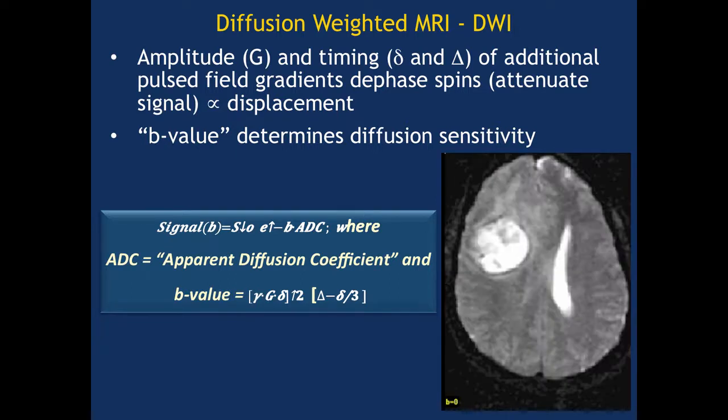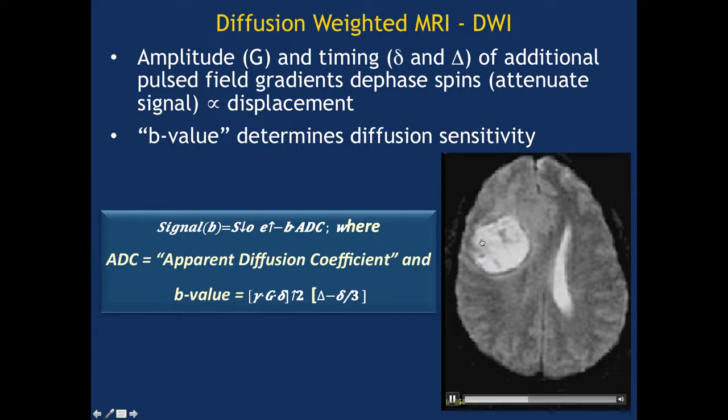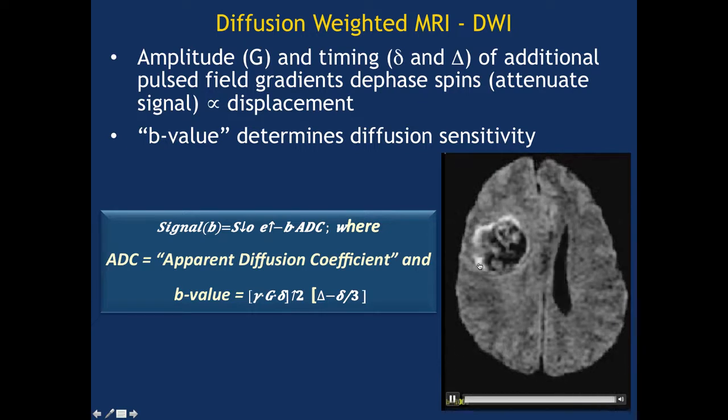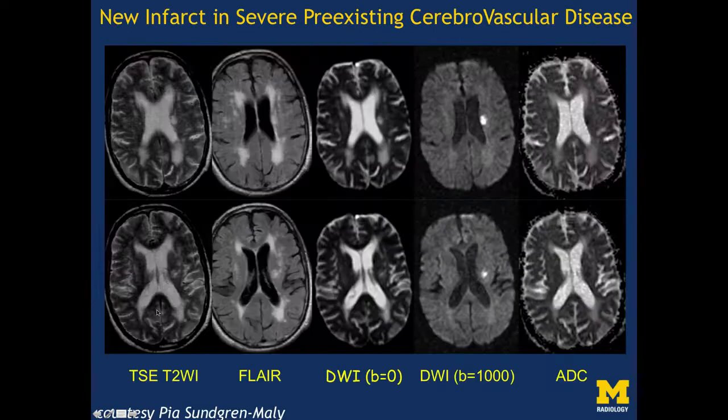Water in the ventricles and in this cyst of this tumor is basically free water. It's not impeded by cells, whereas the normal tissue and certain subcomponents of the tumor are dense and they are impeding water mobility. So we can document these differences in tissue by controlling the diffusion properties of the acquisition.